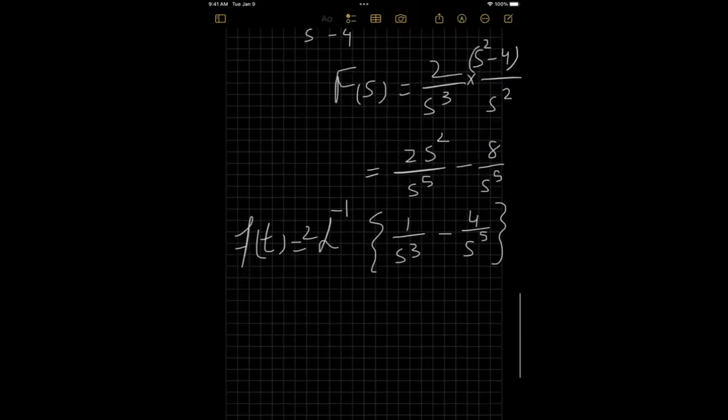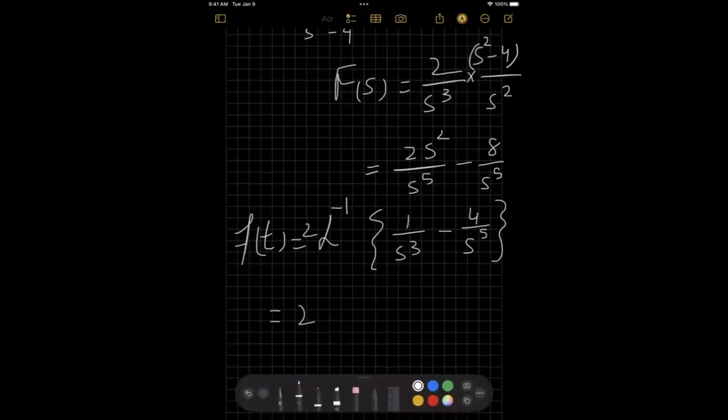So this will equal 2 times: 1 over s cube is t squared by 2, and 4 over s to the 5 is going to be t to the 4 over 4 factorial into 4.